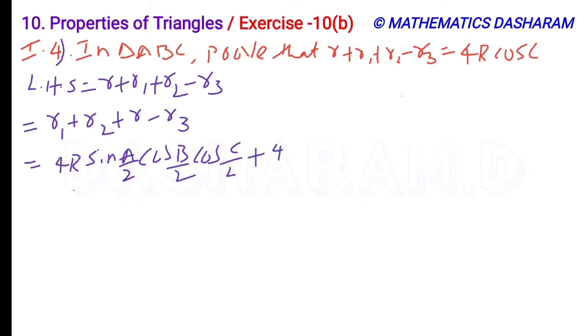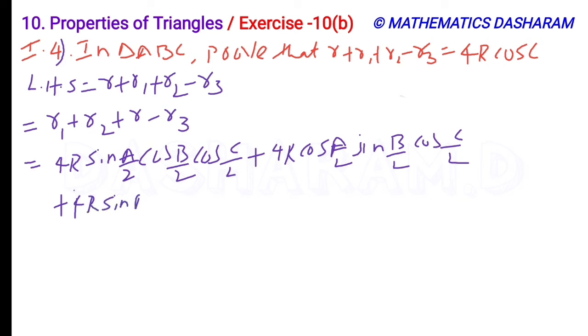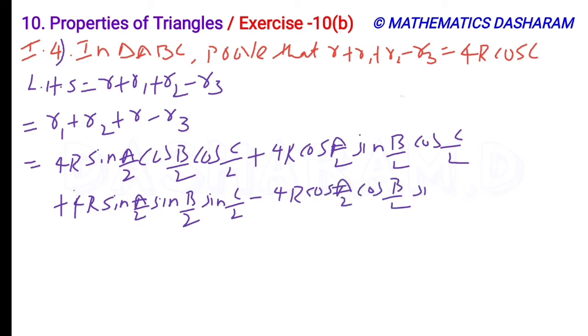Next r2 formula is 4R cos A by 2 into sin B by 2 into cos C by 2, plus r formula is 4R sin A by 2 into sin B by 2 into sin C by 2, minus r3 formula 4R cos A by 2 into cos B by 2 into sin C by 2.